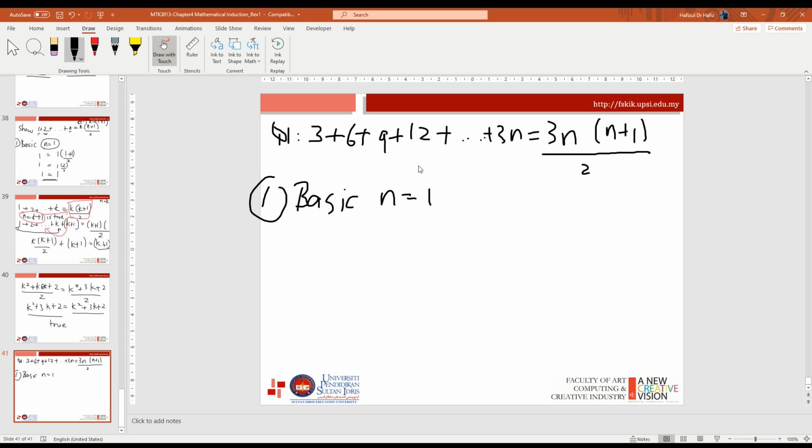When we replace this one, kita kena replace dekat sini. Faham ke?